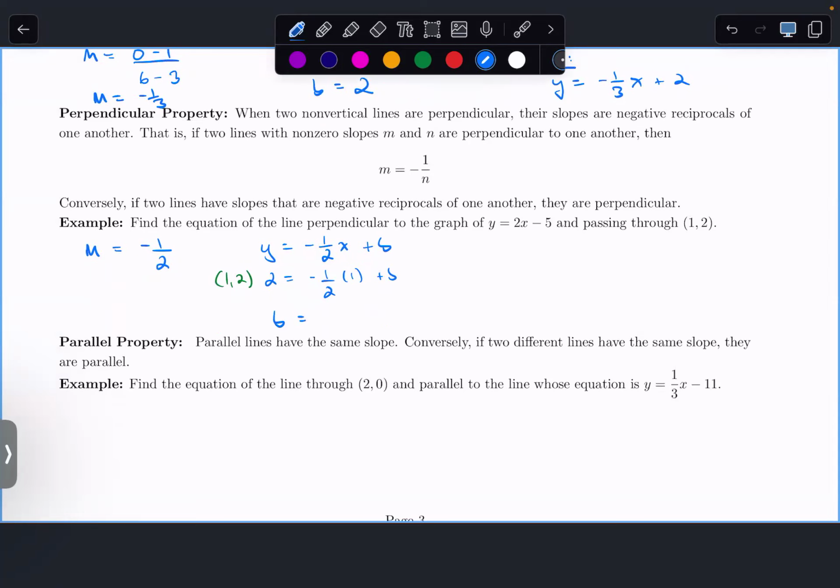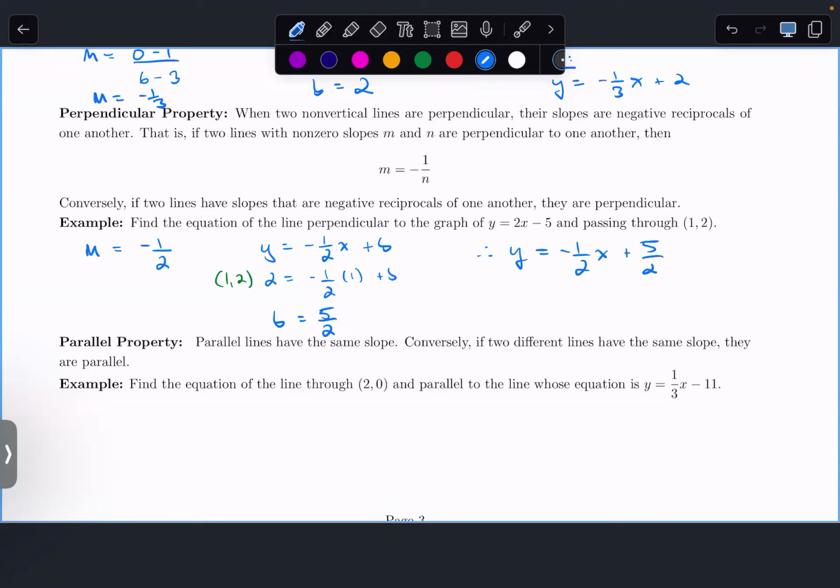So b, let's be proper and write 5 over 2. If you did 2.5, that's fine too. But if you deal with the fractions, common denominators, that kind of thing, you get 5 over 2. So therefore, y is negative 1/2 x plus 5 divided by 2. Nice.